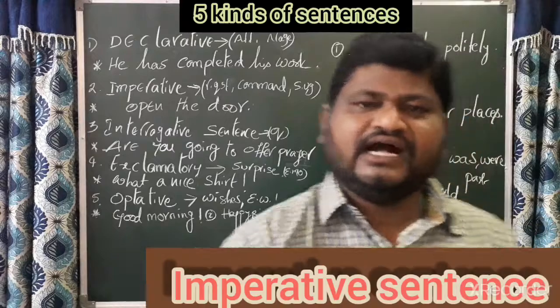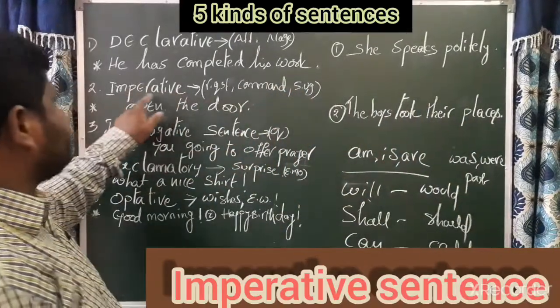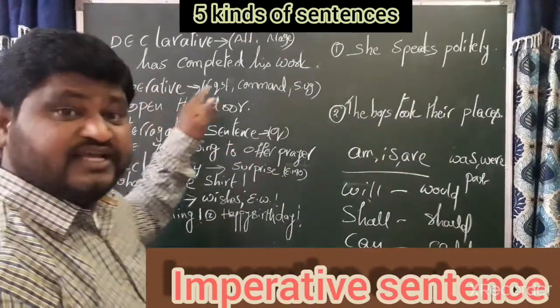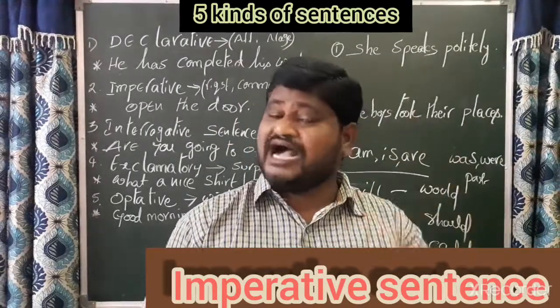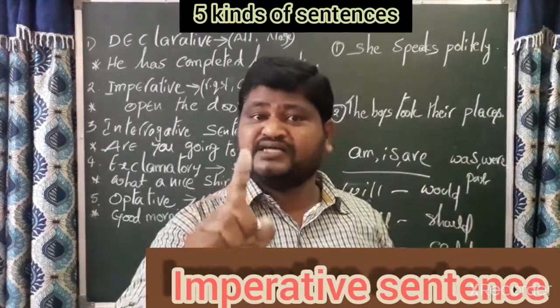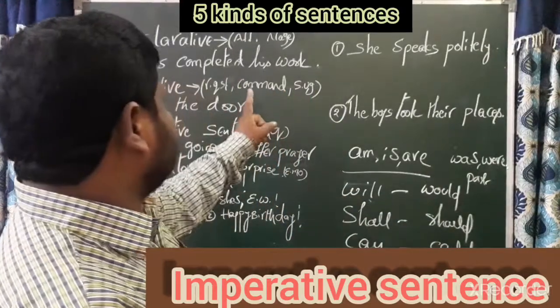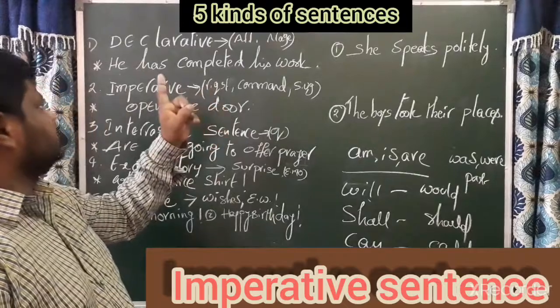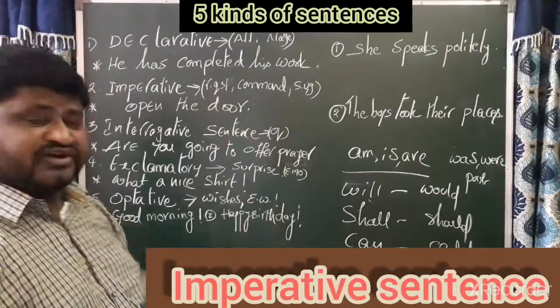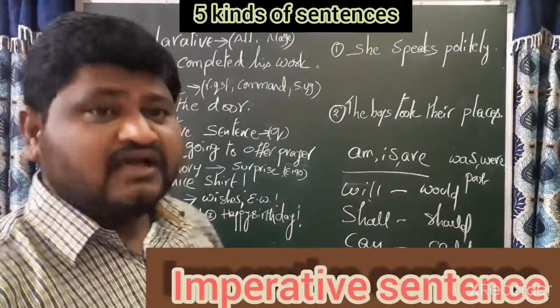Okay, friends. And the next one is the imperative sentence. This is a very important topic, friends. First, you have to know that the imperative sentence always tells about requesting, commanding and suggestion.